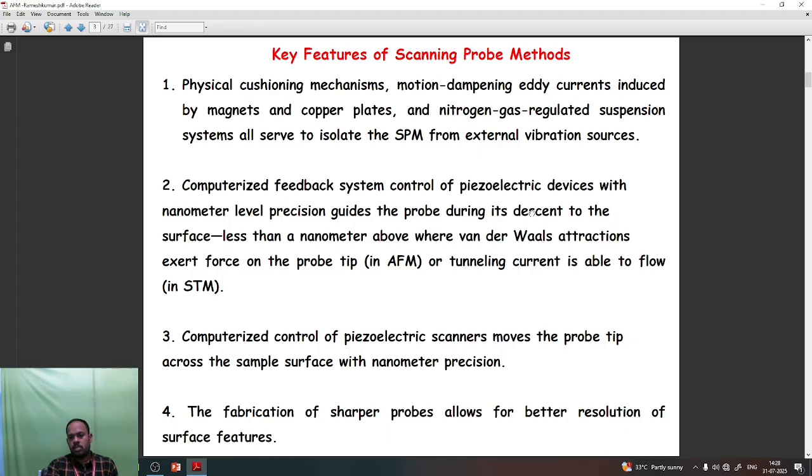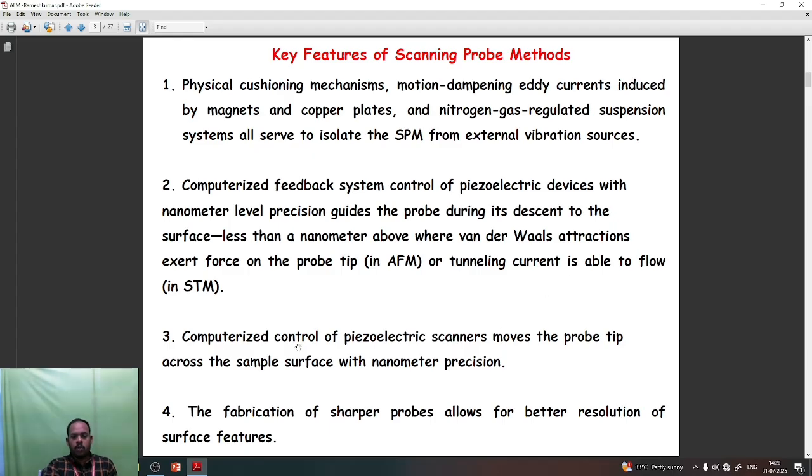With that much accuracy the piezoelectric devices will detect the force, and the rastering of the sample will be on the nanometer scale. Then only can we obtain the topology images, the three-dimensional image, of the nanometer sized particles. So in the case of AFM it will be force, and in the case of STM the output measurement will be tunneling current.